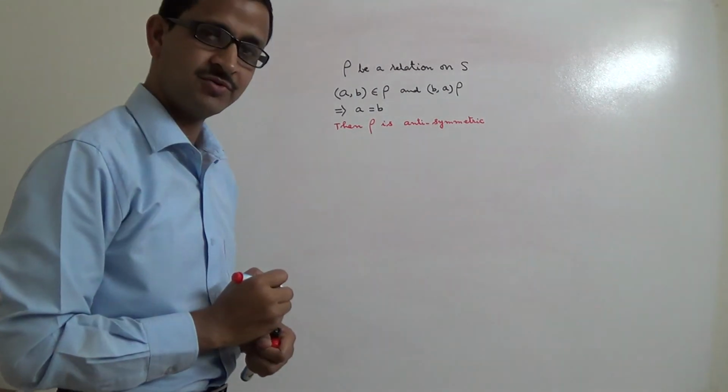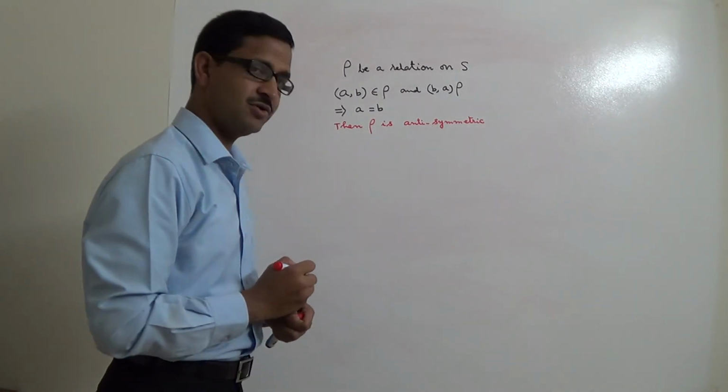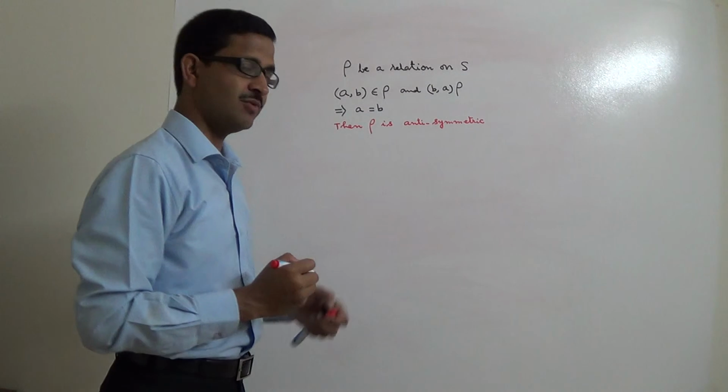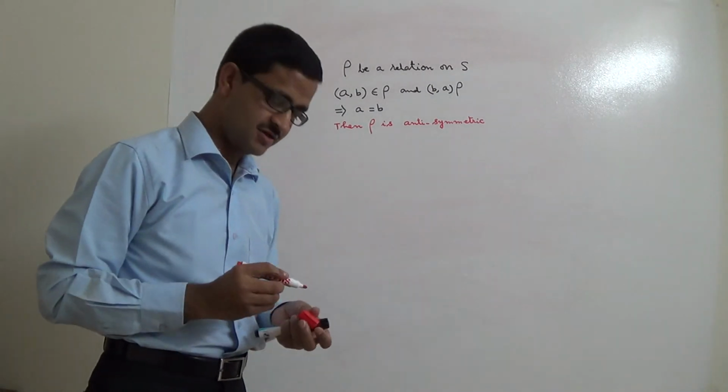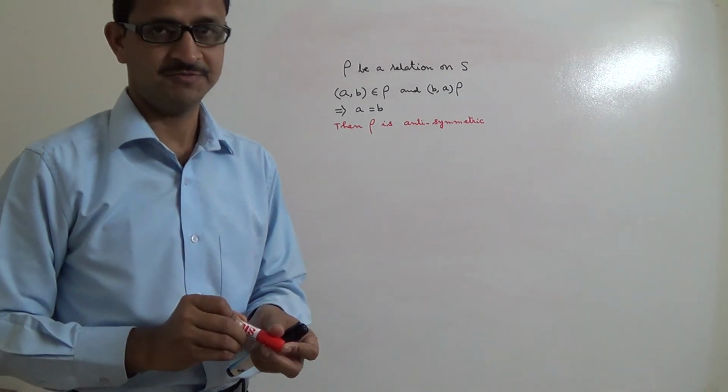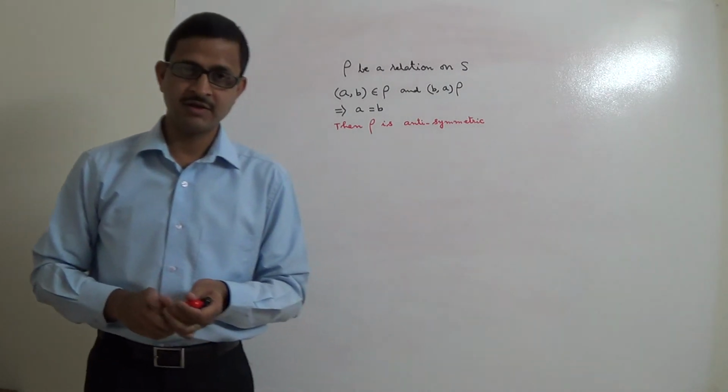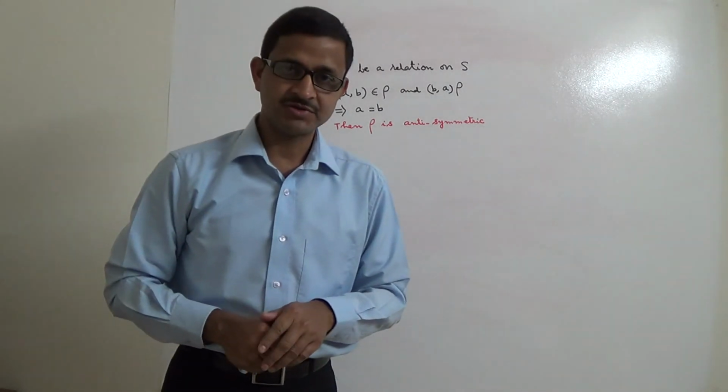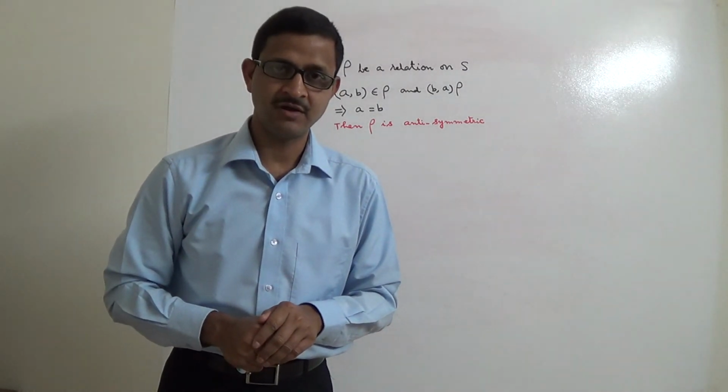A comma B belongs to rho and B comma A belongs to rho implies A equal to B. Then we can say rho is an anti-symmetric relation. That is the end of the topic relation.